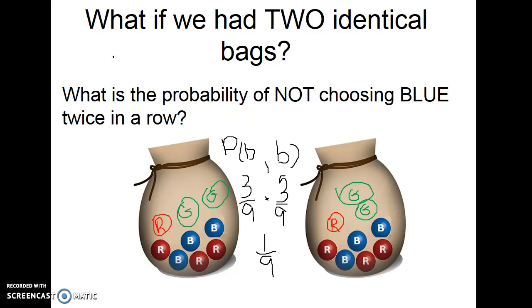So I'm going to take that probability and use it to help me find the probability of not choosing blue. I'm going to take 1, that's all the probabilities possible in these 2 bags, 100% of them, and subtract from that the 1/9 of getting blue, blue.